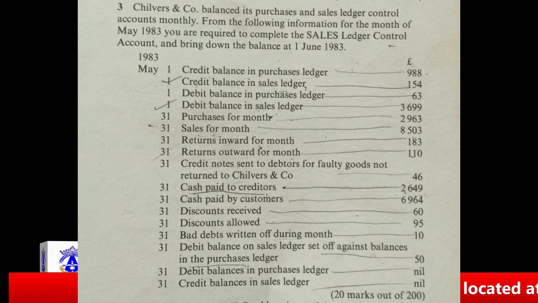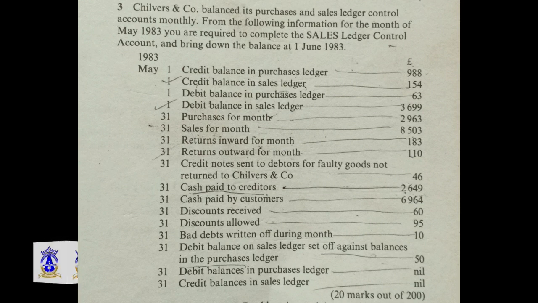They do it monthly. From the following information for the month of May 1983, you are required to complete the sales ledger control account and bring down the balance as at 1st June 1983. And we are given the transactions there.